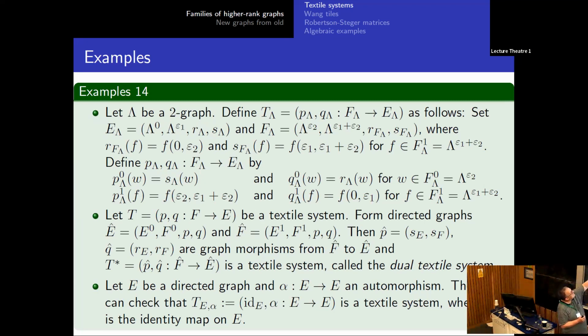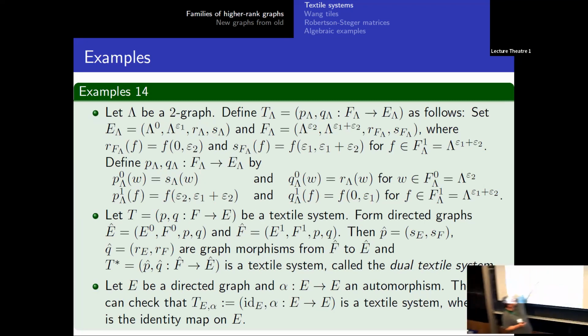You just let E_lambda be the directed graph which uses vertices lambda^0 and edges E1, and you let F_lambda have vertices lambda^(E2) and edges E1 lambda^(E1 plus E2). And you can convince yourself that you can define a textile system from there. The uniqueness of that map that you've got to have for a textile system is the factorization property.